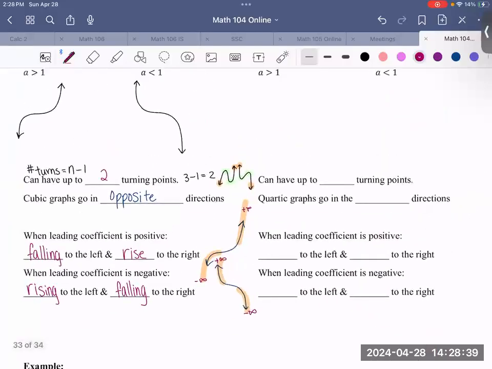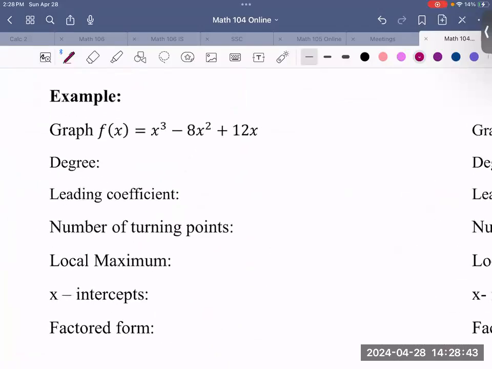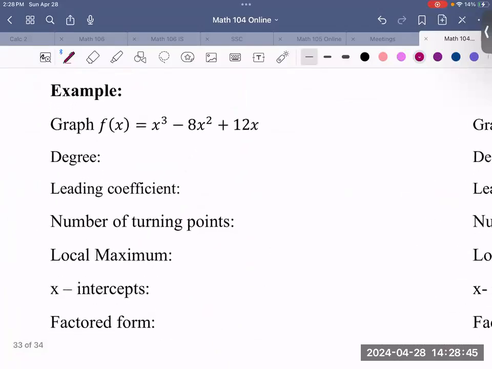Now, let's try this example. It says graph f of x is equal to x cubed minus 8x squared plus 12x. Let's find the degree, the leading coefficient, the number of turns, whether you have a max or a min, your intercept, and let's place that in factored form.